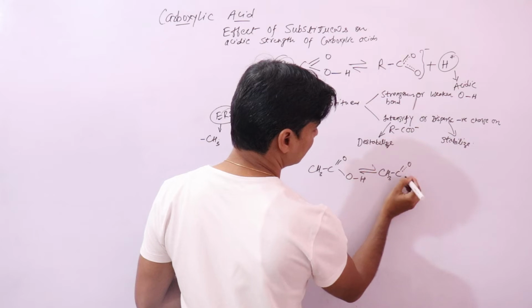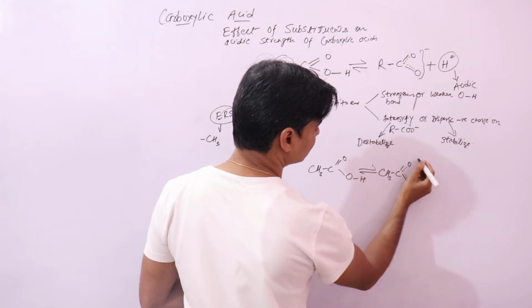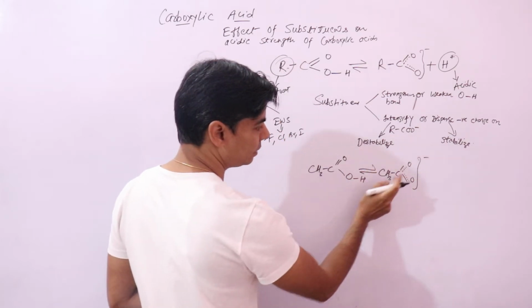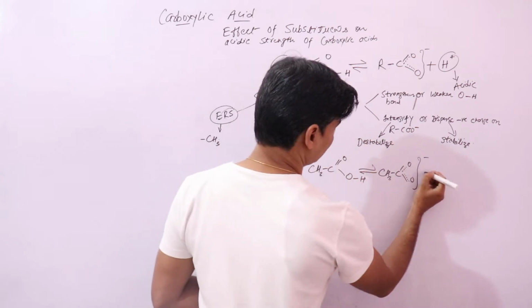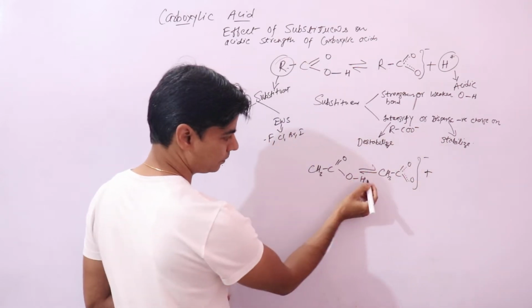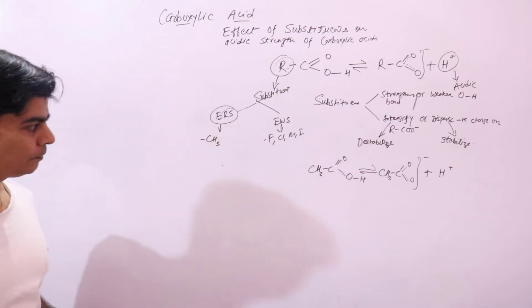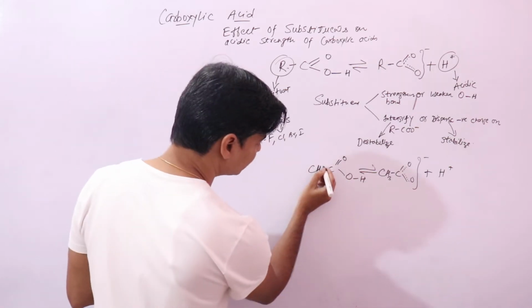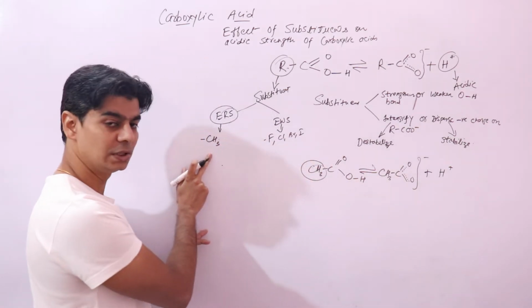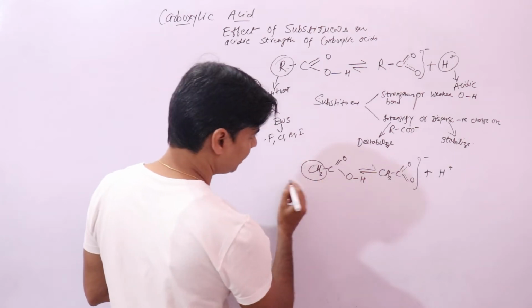This is a resonance hybrid. So this is your acetate ion that has a negative charge, and this bond will break to give you hydrogen ions. Now let's see how this substituent, which is your electron releasing substituent, will affect it, right?